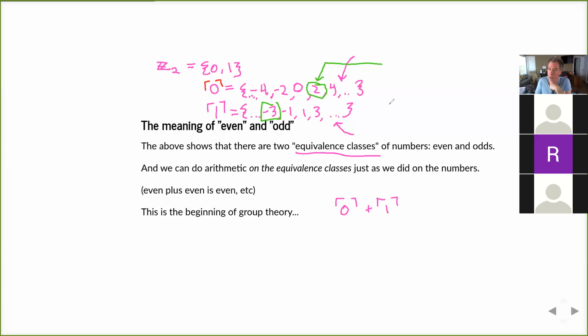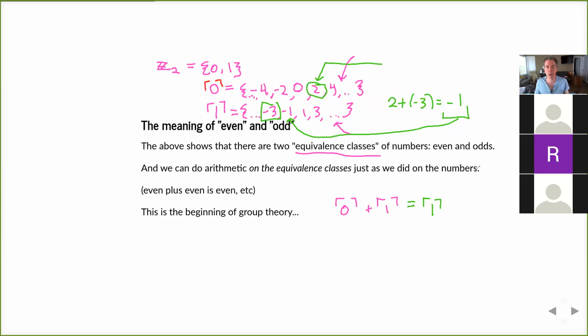If I actually add 2 and -3, then what I get is -1, okay? Then I look and see which equivalence class the answer ended up in. It ended up in the odds, and so that means the answer is that equivalence class. So I represent that entire equivalence class like this. Okay, so that's kind of beautiful, right?